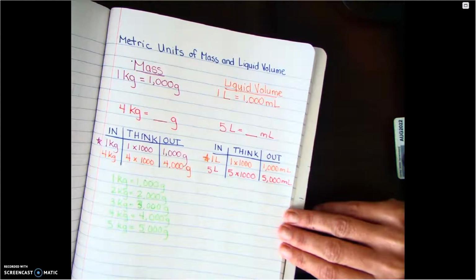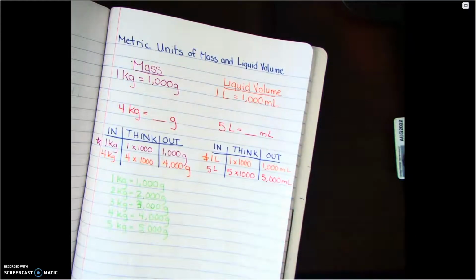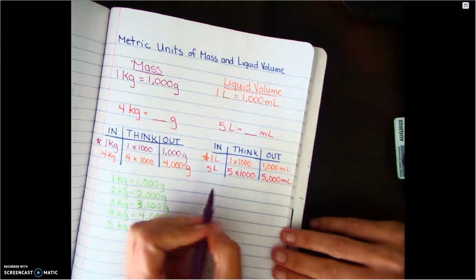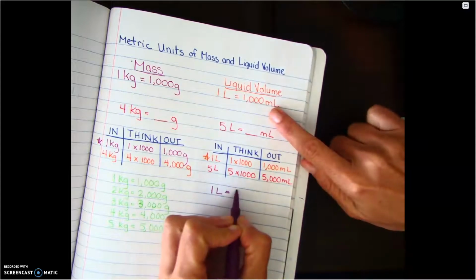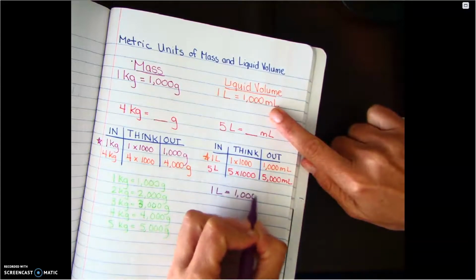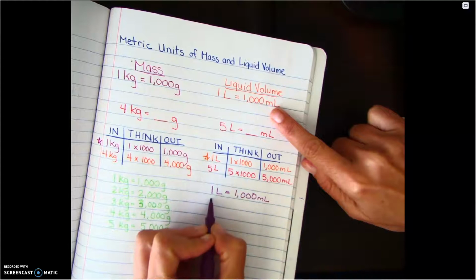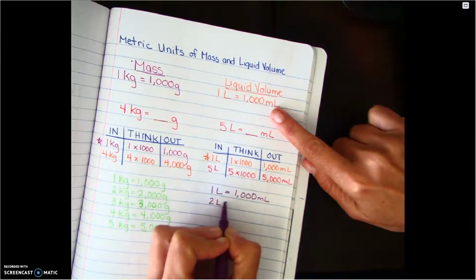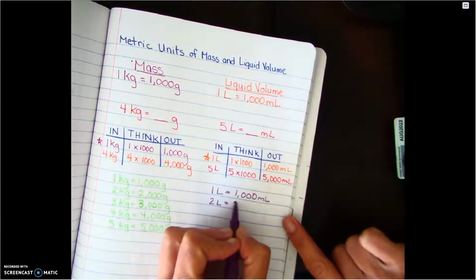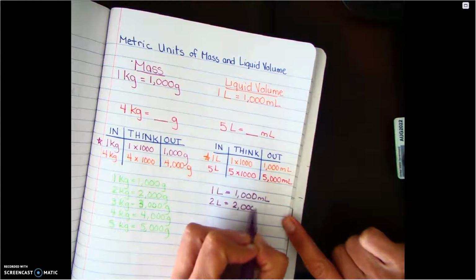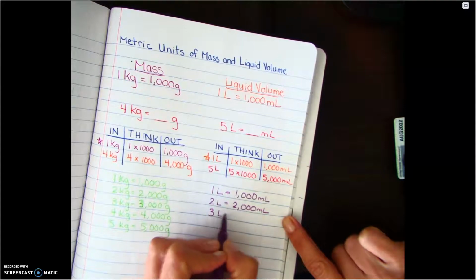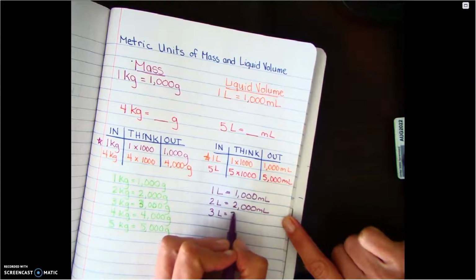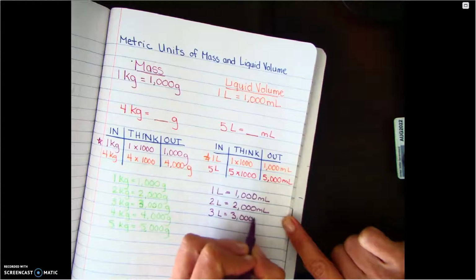Now let's go ahead and make our chart for this one. And you're going to start to notice the same pattern. So 1 liter is 1,000 milliliters. 2 liters would be 2,000 milliliters. 3 liters, guess what, would be 3,000 milliliters.